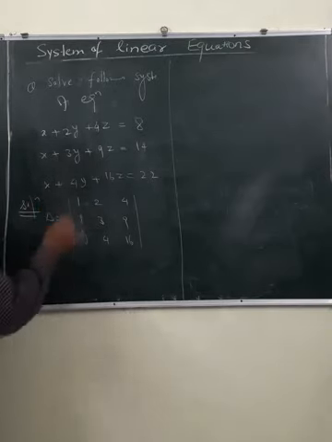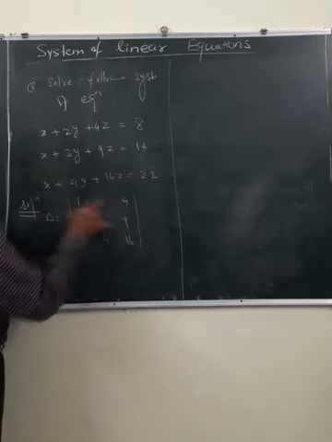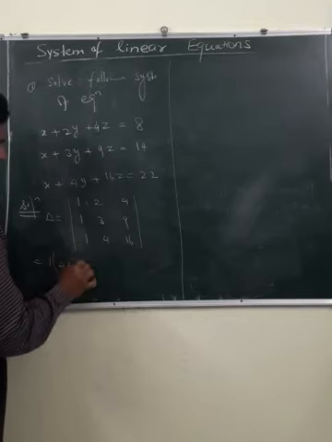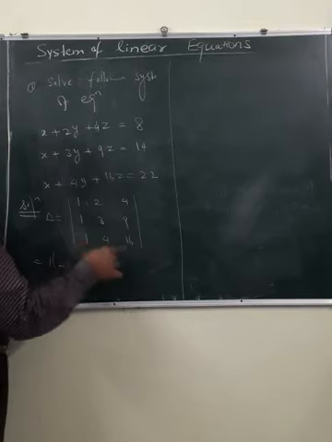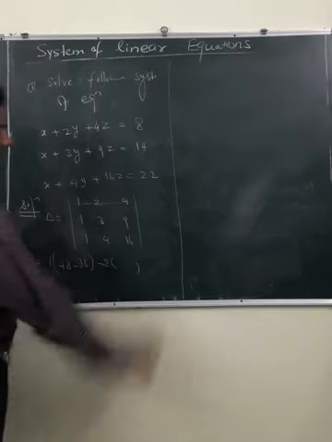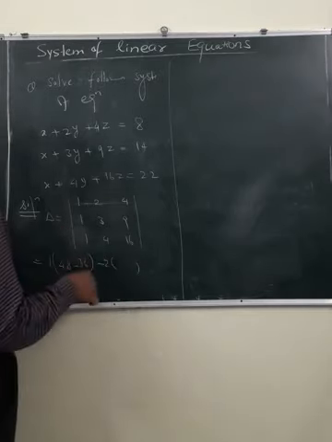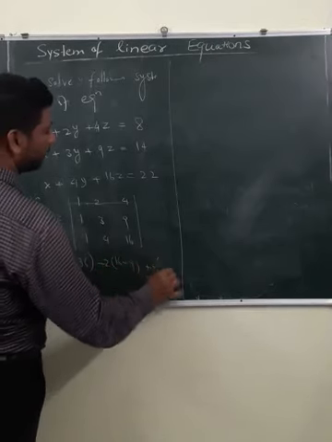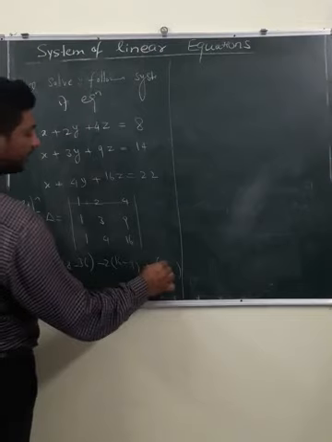Okay, 1 into 3 into 16, 48 minus 36, minus 2 into, first I am expanding from the first row, 2 into how much? 16 minus 9 plus 4 into 4 minus 3.